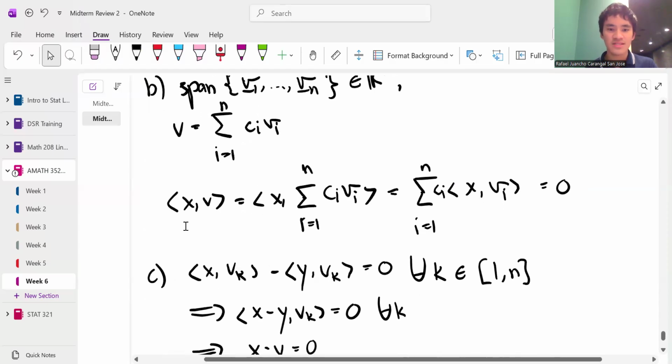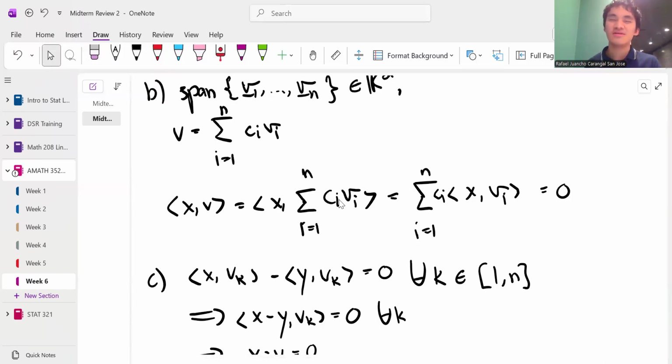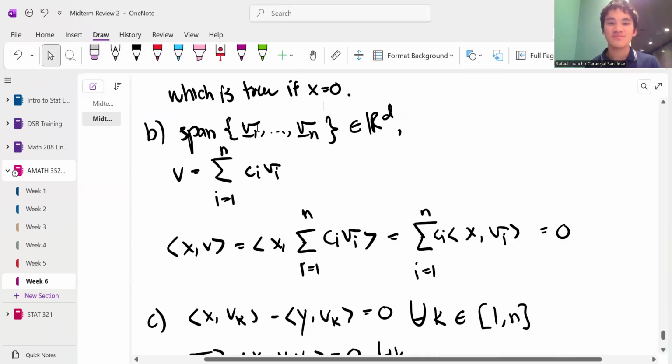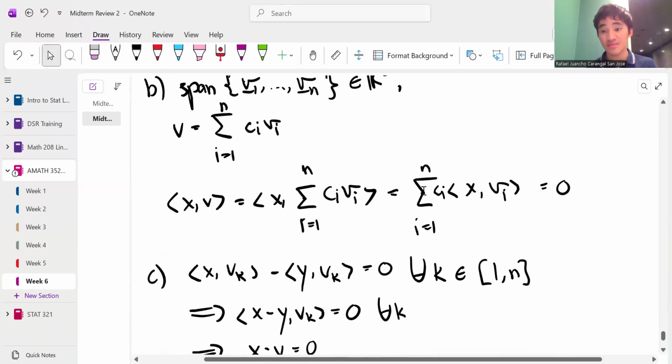And then we say that the dot product of x and v is the same as x dotted with this linear combination that gives v. I hope this is making sense so far. Basically, we're saying that v is in the span of v1 to vn. And by linearity, we can put the summation along with the scalar outside. That's something we can keep in mind.